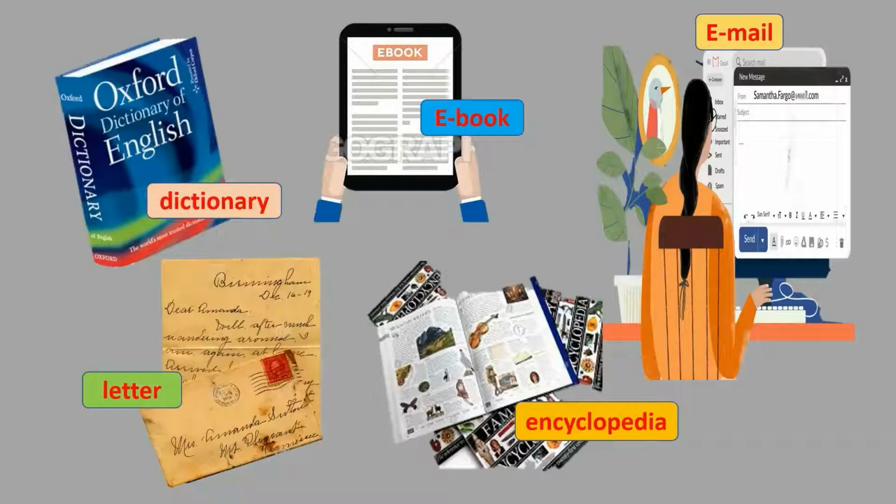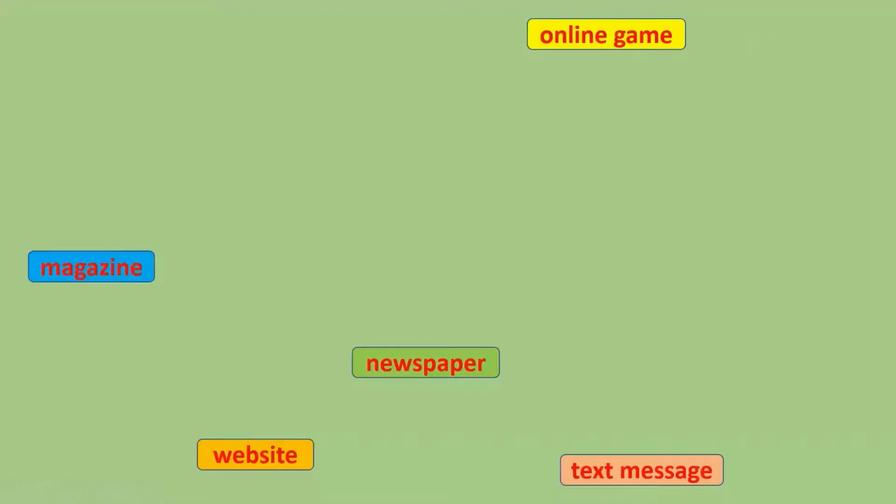Email. So these are our first five sets. We have dictionary, letter, e-book, encyclopedia, email. Next set. Same, only words.